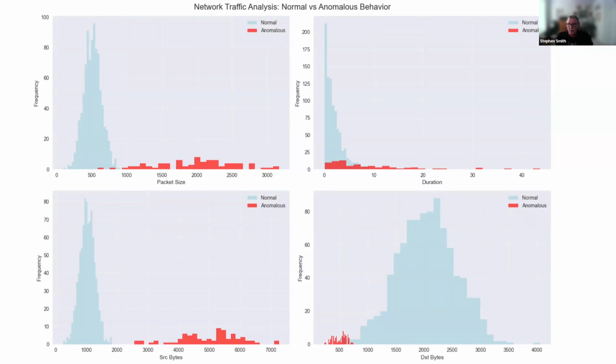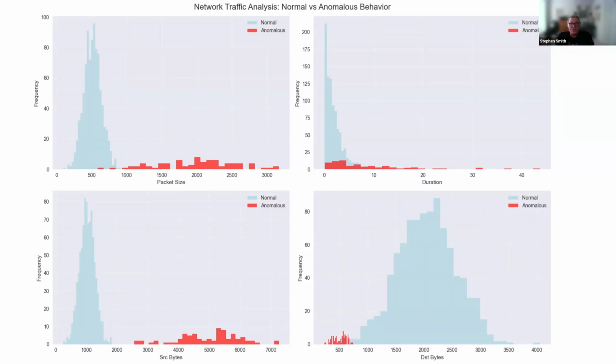We're looking at packet size, duration, source bytes, and destination bytes. And this gives us a clear picture, based on the network traffic sample that we generated, of what's normal and what's anomalous, right? And we're going to use algorithms to help figure this out as we go further into this lesson.